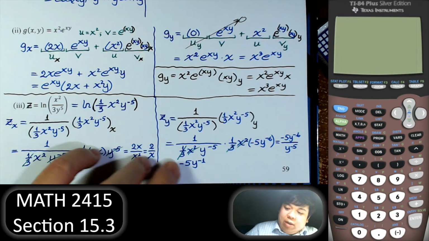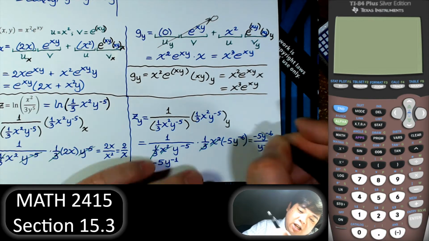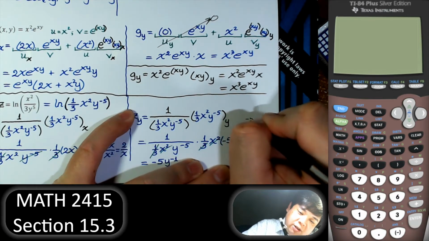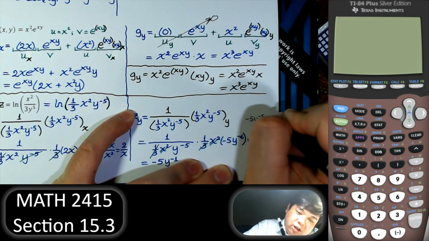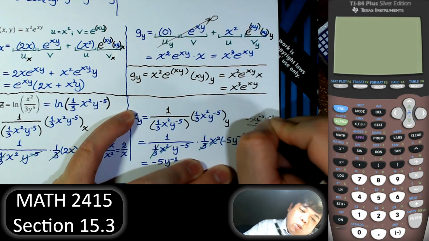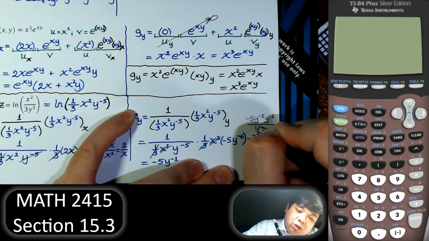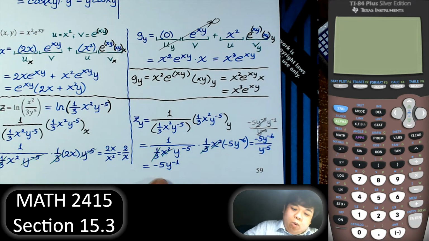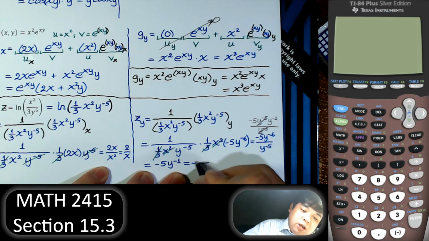How did that work though? Let me just write this again. Y to negative 6, you can write this as y to negative 5 times y to negative 1. When you multiply them back, y to negative 5 and y to negative 1 give us y to negative 6, then y to negative 5 cancels out, and that's why we're left with y to negative 1. Bring it down, it becomes negative 5 over y.